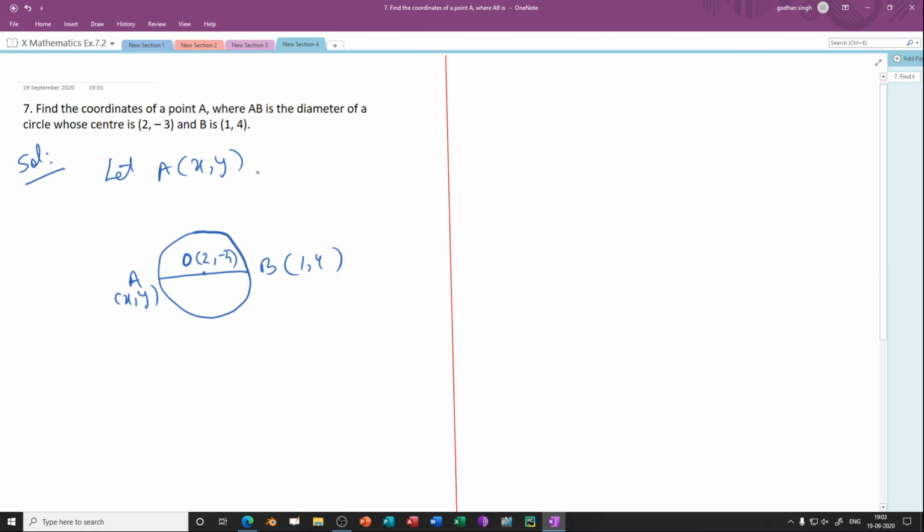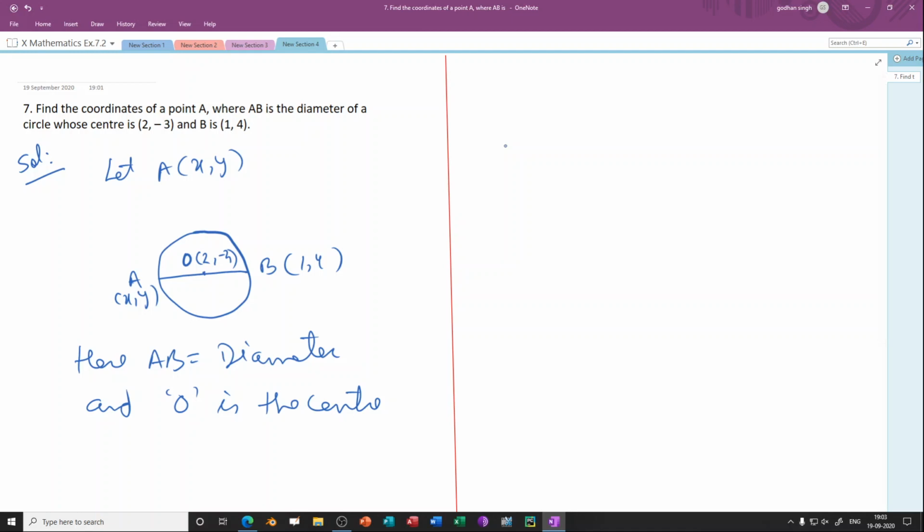So let A be (x, y), AB is the diameter and O is the center. We know that the center of a circle will be at the midpoint of the diameter. That is, if we find the midpoint of a diameter, that is nothing but the center of the circle.